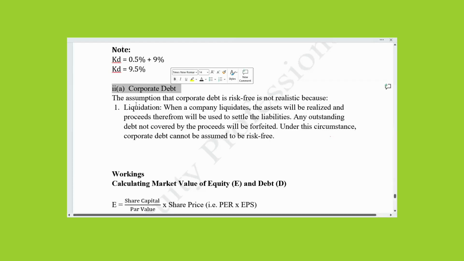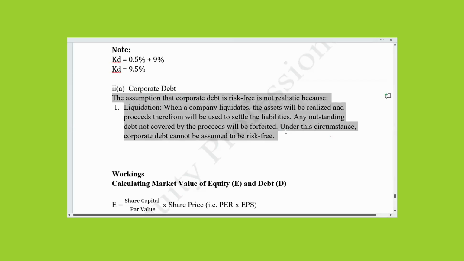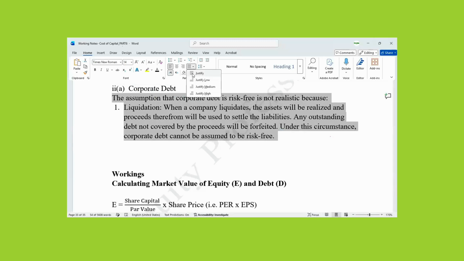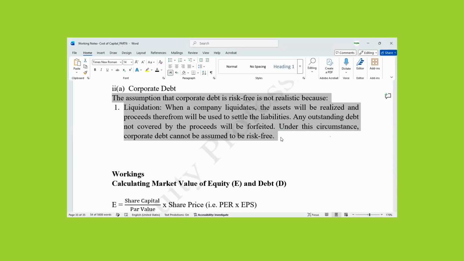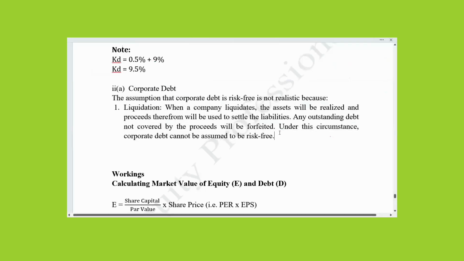Usually when a company liquidates, the assets of the company will be disposed of, will be sold, right? And then all the liability of the company will be used to settle the creditors. Any outstanding liability or debts not covered by the proceeds from disposal cannot be recovered again.